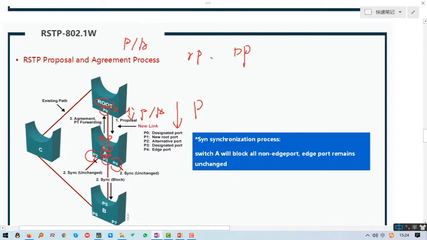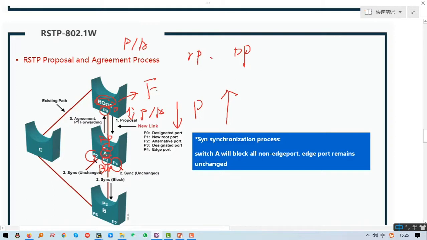And port 3 is a designated port which will be blocked and reach the synchronization state. Then, after the synchronization is complete, switch A sends an agreement to the root to inform it. Finally, after the root receives it, P0 turns to the forwarding state.